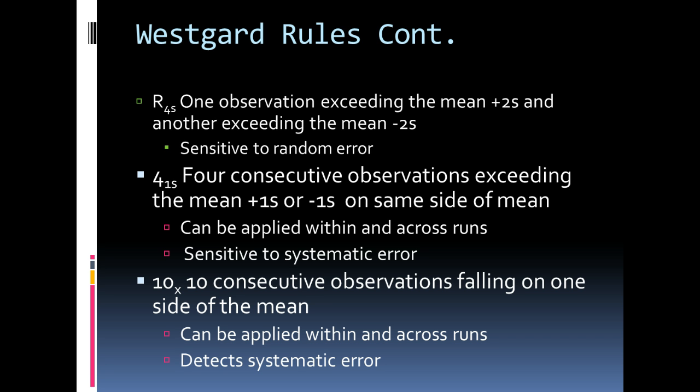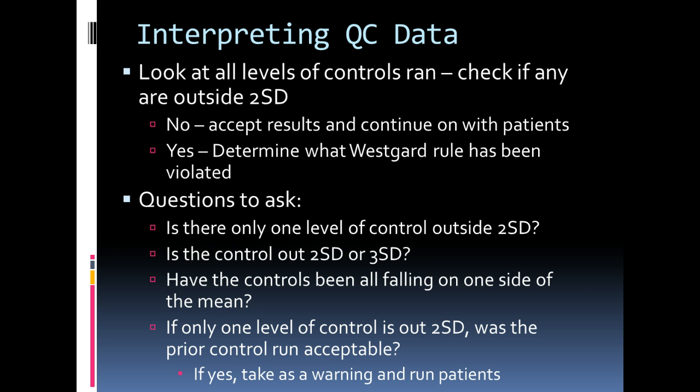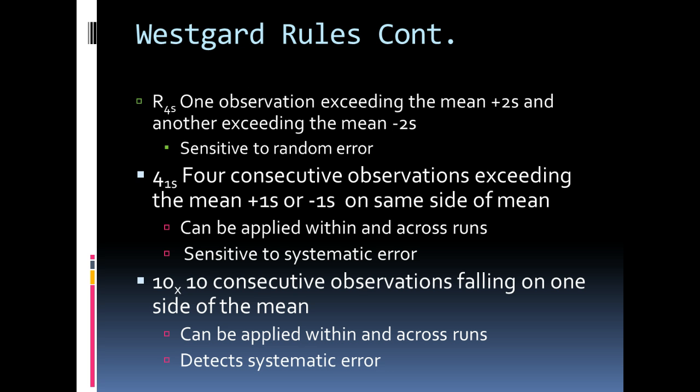So this could be across 2 levels of QC. 4 consecutive observations exceeding the mean would be a 4-1S. So if you have 4 points between 1 and 2 standard deviations on one side of the mean, that could be a rejection. 10x, that's all 10 on one side of the mean. So I guess the only one that's really new there is the R4S that you probably haven't really looked at.